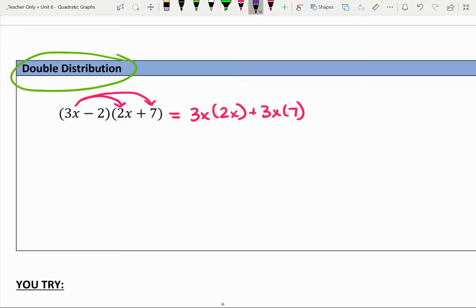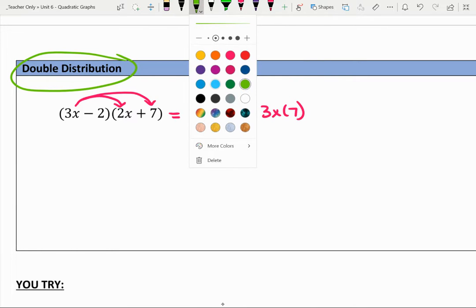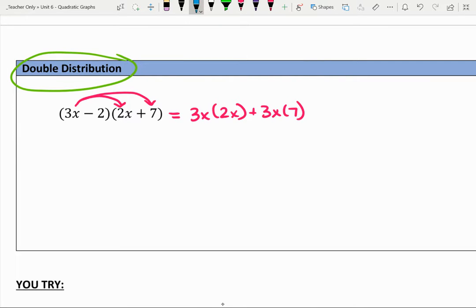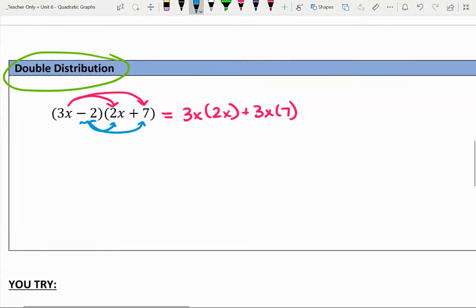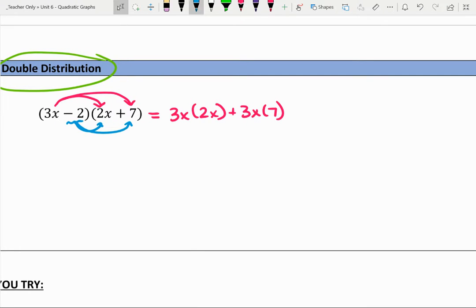But then I'm going to distribute, maybe I'll use blue here, the negative 2 to both of those pieces as well. So I'm distributing two things instead of one, like we did with the monomials. So this will be plus -2 times 2x and plus -2 times 7.